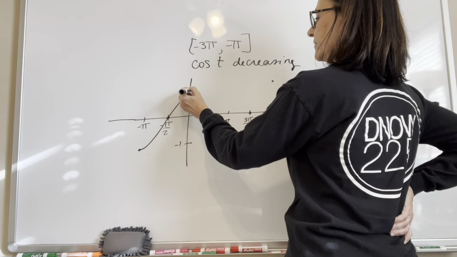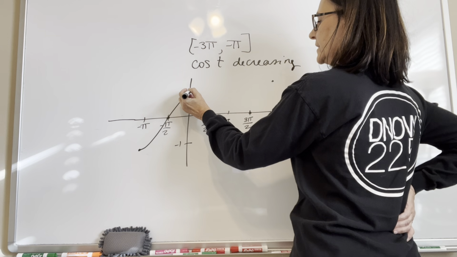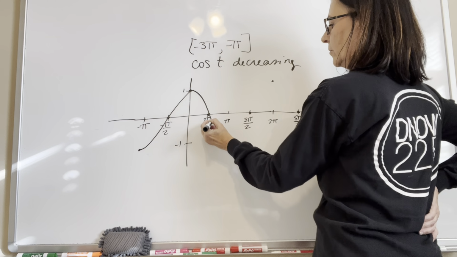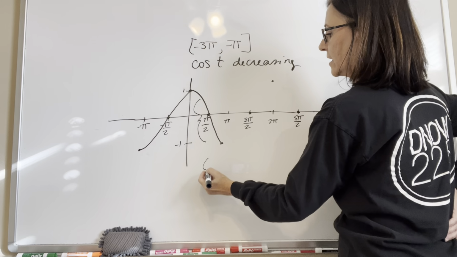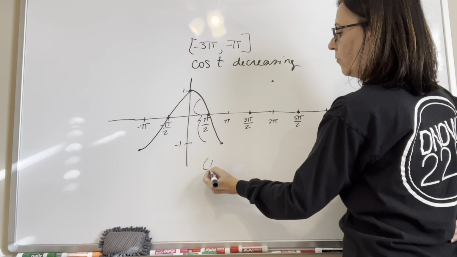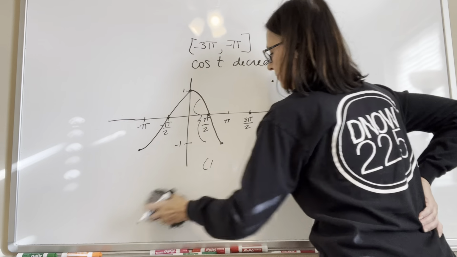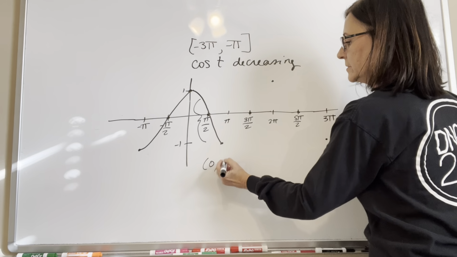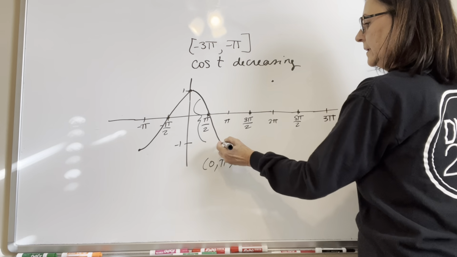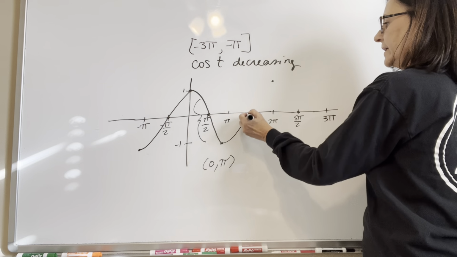Okay, increasing. At 1, we're going to start decreasing, right? We're going to decrease here. This area is decreasing. So it's decreasing from 0, we need the radians, from 0 to pi. All right, then it begins increasing.